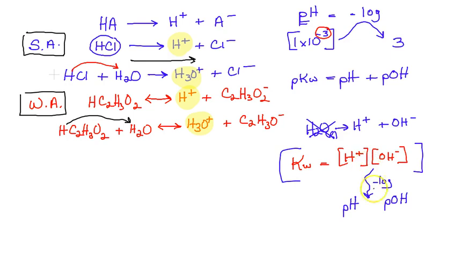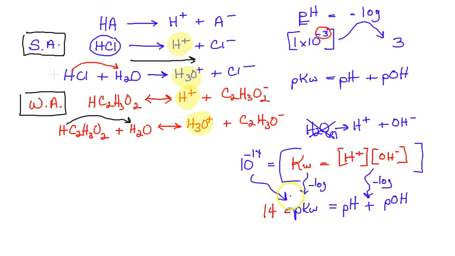So when you multiply logs, you're going to add them. And of course, they're going to add up to the constant, but they'll add to the constant if the constant has been negative logged as well. So little p means negative log, and this is the pKw. And as we said, the Kw, a famous number, is 10 to the negative 14 at a certain temperature, temperature dependent. So the negative log of this, of course, would be 14.